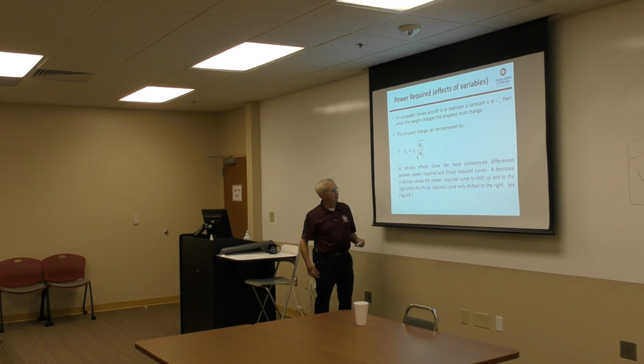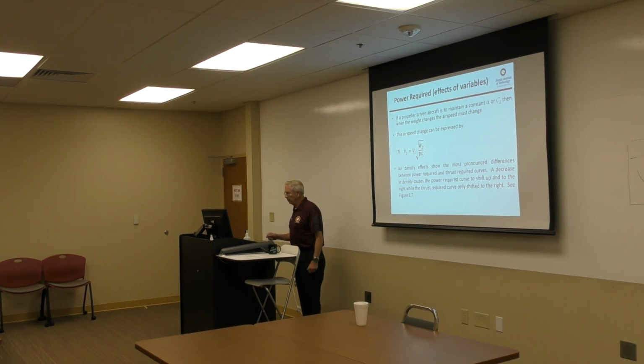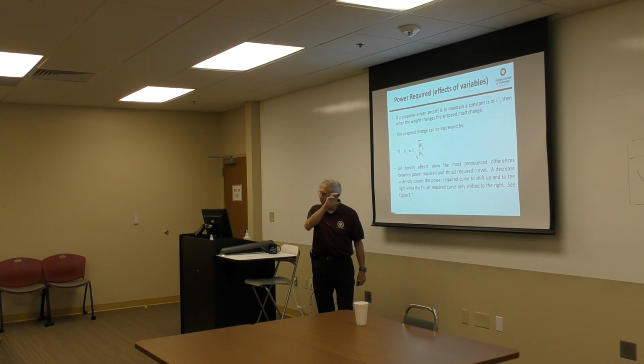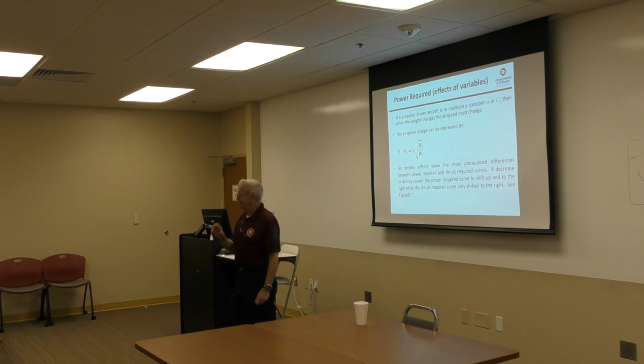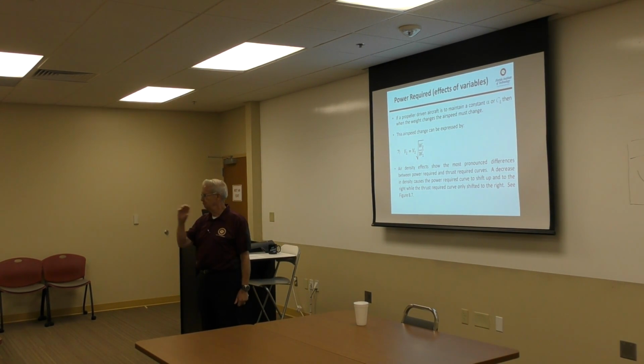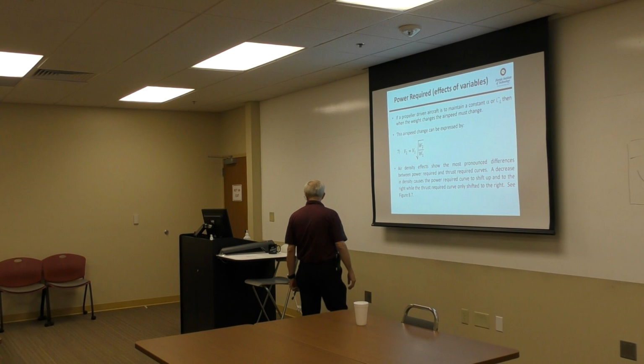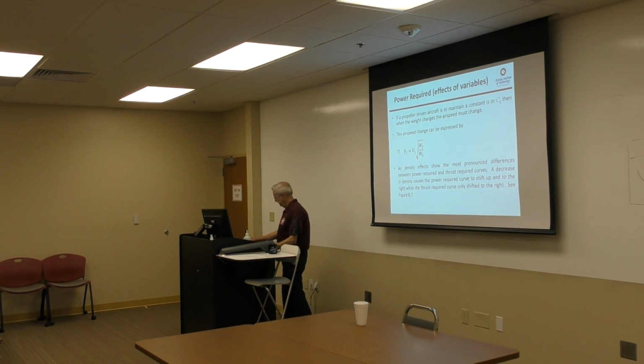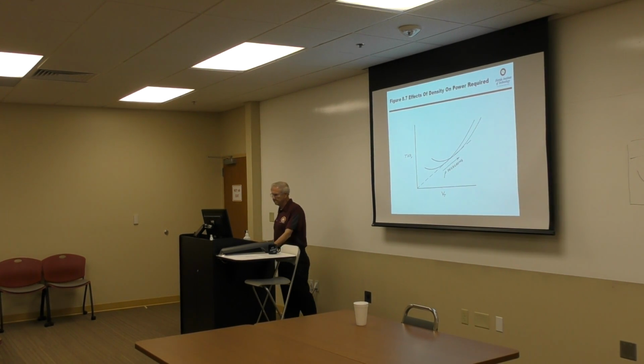Well, air density shows its most profound differences between power required and thrust required curves. And a decrease in density causes the power required curve. Remember the thrust required curve just shifted to the right with true airspeed. The bottom of the curve stayed the same. Well, here's what happens with a power required curve.